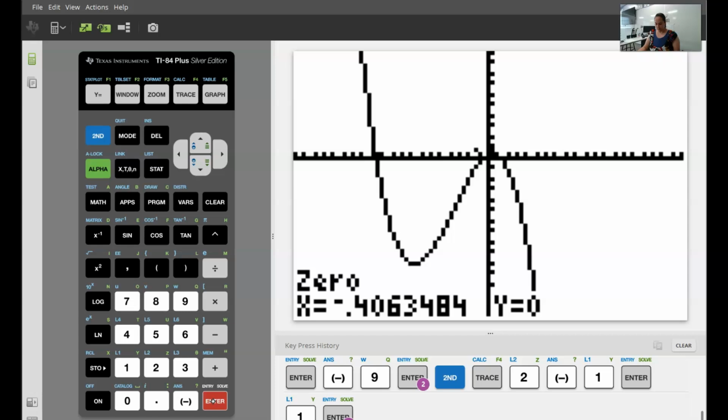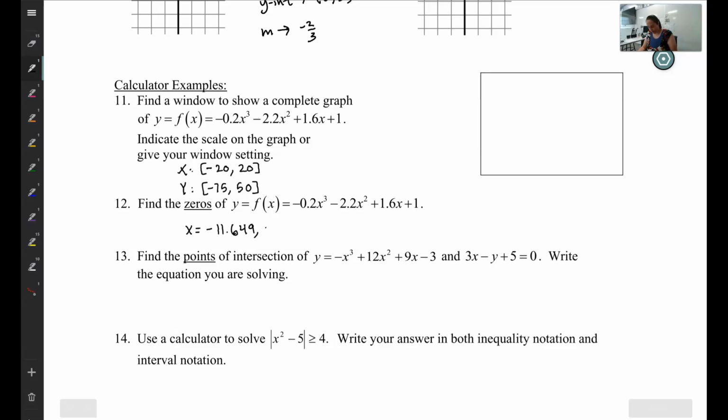So there we go, -0.406. Once again, just truncate, so -0.406. And I do say in the Canvas answers formatting sheet that's on Canvas, if you have 0.406, please type in a 0 in front of it to help your answers be correct.